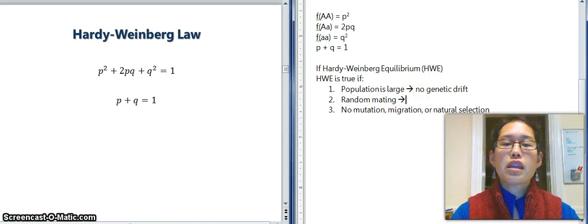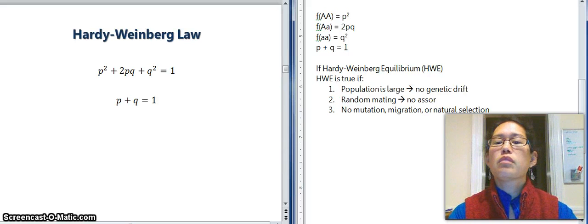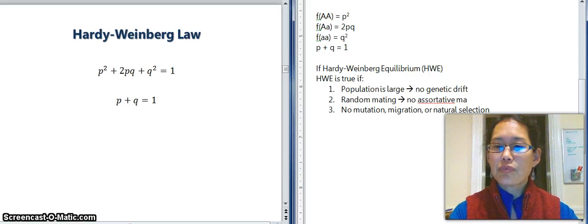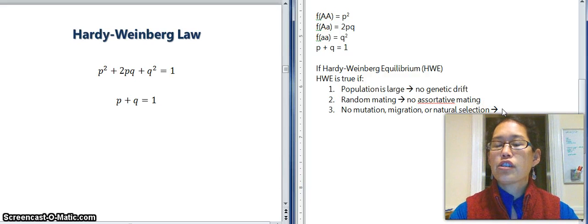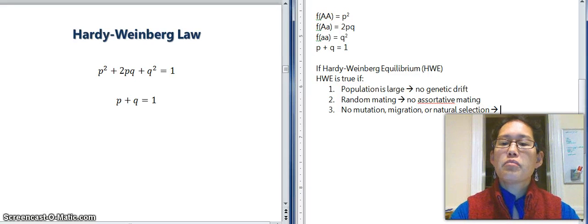If you have random mating, you also are not mating assortatively, which we'll also talk about. And mutation, migration, and natural selection are other evolutionary forces that can influence gene frequencies.